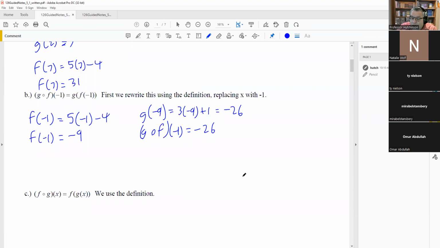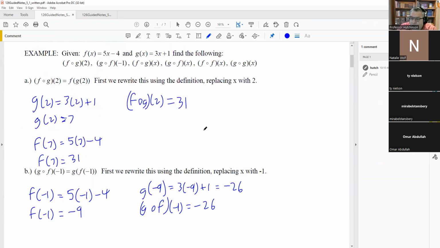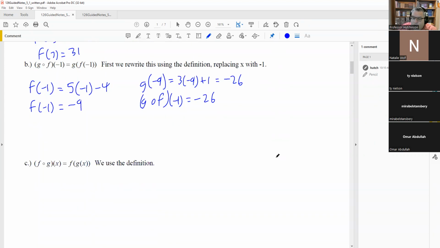We want to do f of g of x, which really means f with a g of x inside. So again, we're using the definition for these. Okay, so for f of g, I have 5x minus 4 and 3x plus 1. What I need to do first, as always, is work with the inside first.